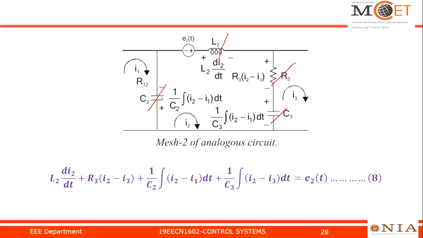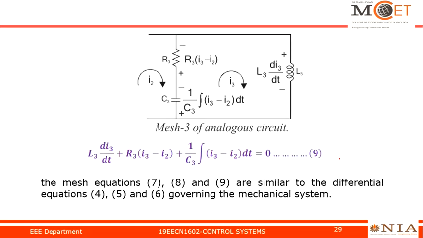When it comes to mesh 2, it is I2 minus I1, and these two become I2 minus I3, since they are common to meshes 2 and 3. The element connected only with mesh 2 carries I2 alone.